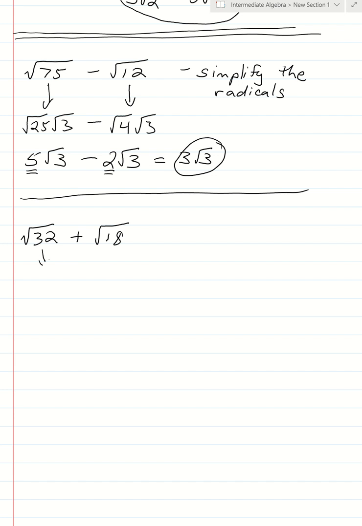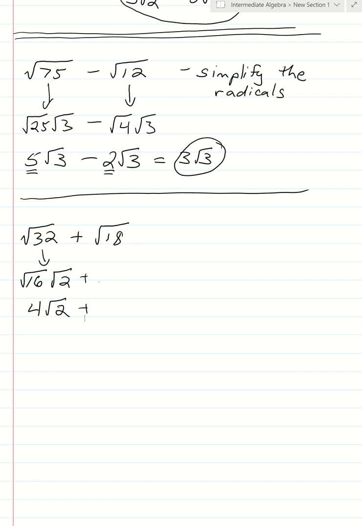Well, the square root of 32 would give us the square root of 16 times the square root of 2. And since the square root of 16 is a perfect square, that would give us a 4 square root of 2. Now what we want to do is simplify the square root of 18.